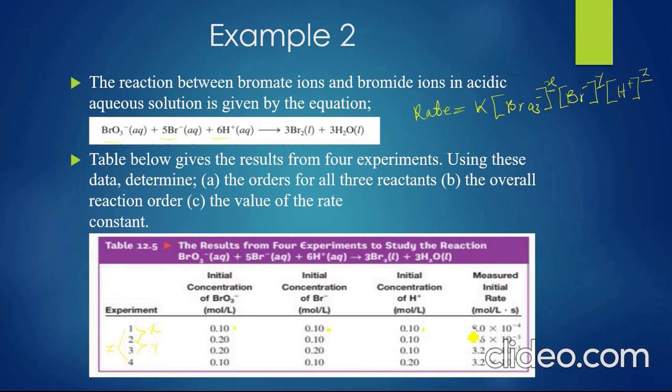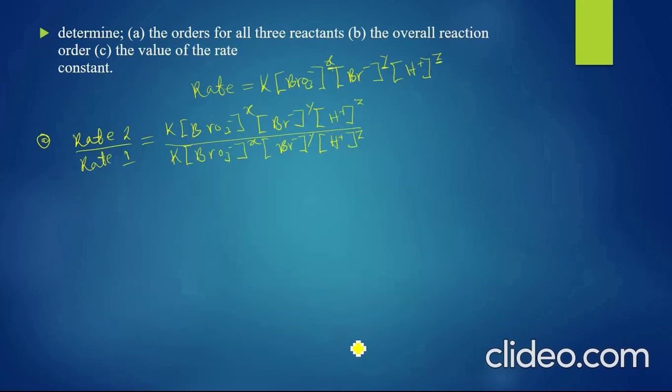And then on the rate, we're going to use 8.0 times 10 to the power negative 4. And then on experiment 2, we have the initial concentrations for the bromate, the bromide, and the hydrogen ion, and the rate. So this is the data we're going to use. Now let's substitute into the equation we have.